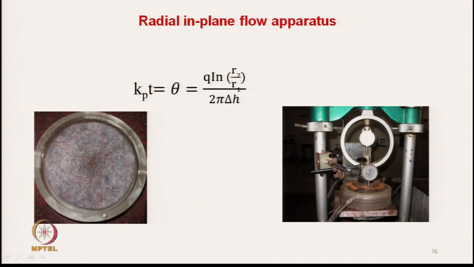This is the specimen holder, it is at the specimen center, and we measure the flow radially, in the radial direction, and theta is expressed in terms of q log r2 by r divided by 2 pi multiplied by the pressure head, and r2 and r are the inner and outer diameter.